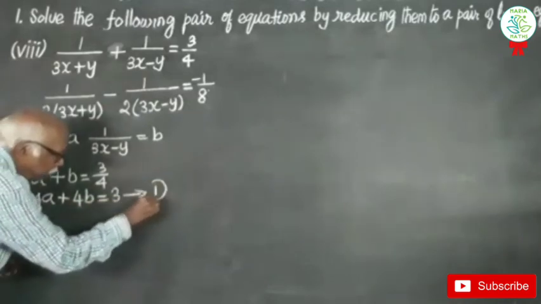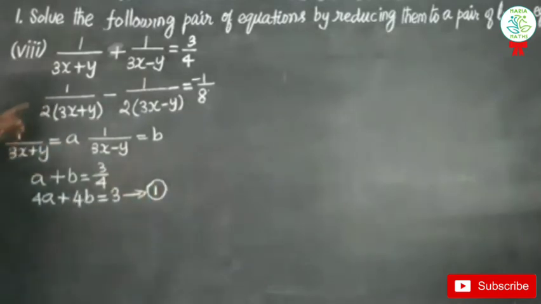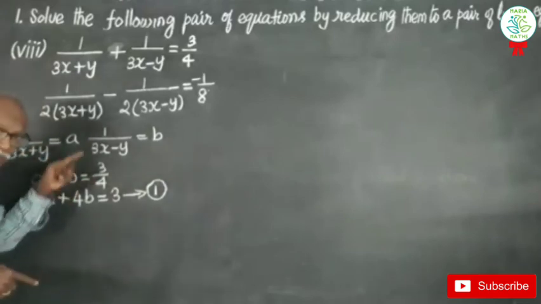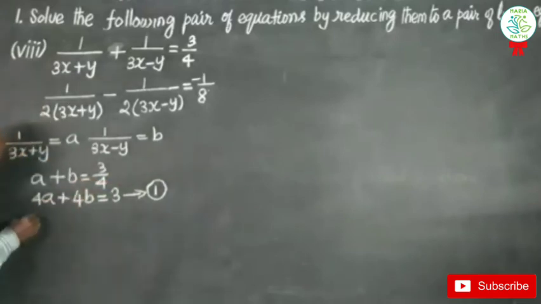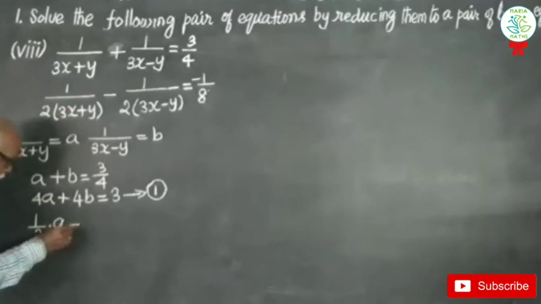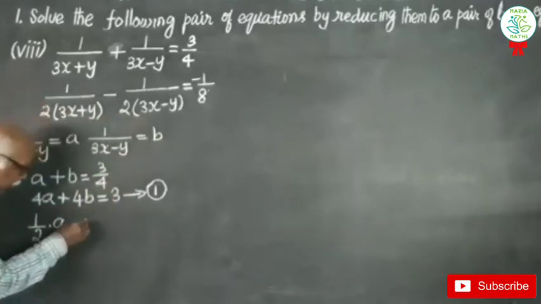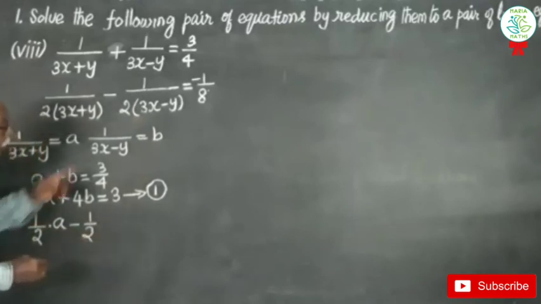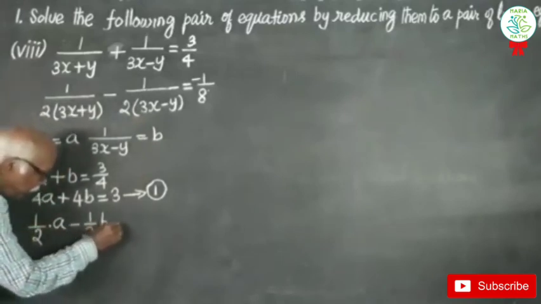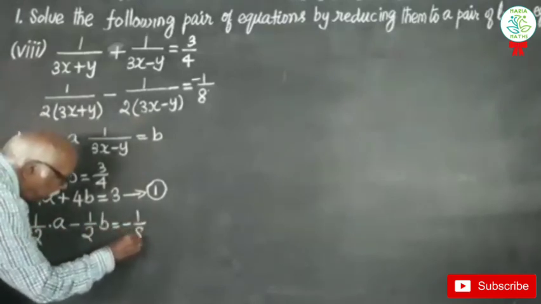Equation number 1. Now the second equation: 1 by 2 into a minus 1 by 2 into b equal to minus 1 by 8.